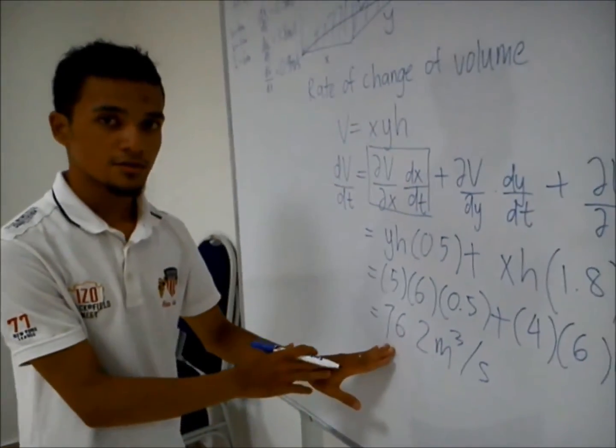So this is the rate of change of the volume for the box. So that's how we use partial differential equation to find the rate of change.